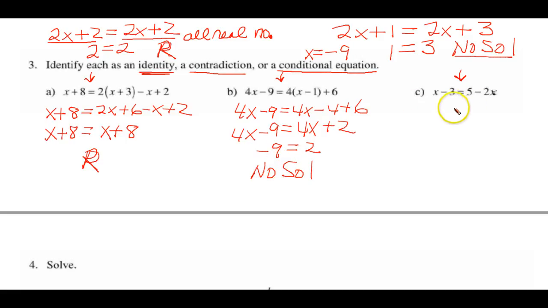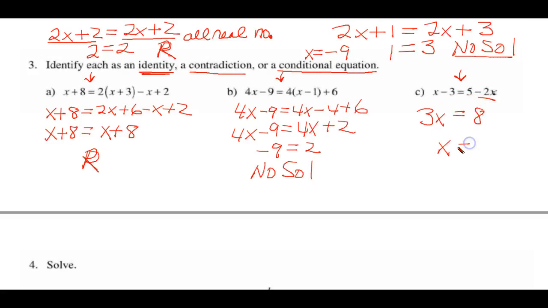All right, let's do this one. Now here we have a variable, a number of variable. We want to get all the variables over to one side. And we want to try to keep the variables positive if we can. So this term on this side becomes a positive 2x, so that gives me 3x. Now I bring the negative 3 to this side, gives me a positive 3. 5 plus the positive 3 is 8.